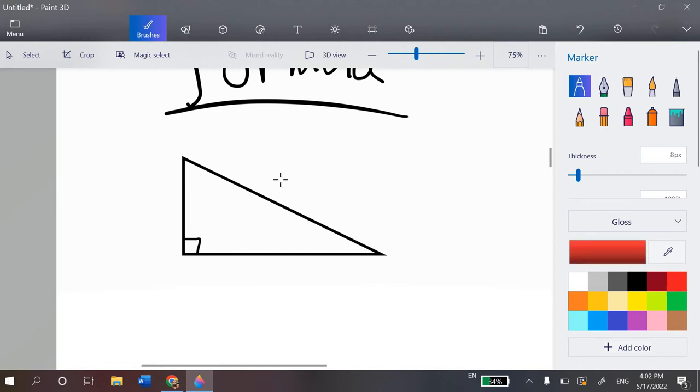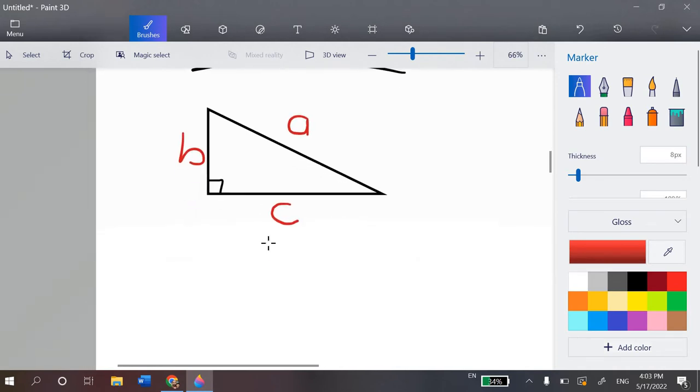And let's call the corners A, B, and C. First thing, as always, every time you do one of these, we need to find the hypotenuse. Opposite 90 degrees, our hypotenuse is A.